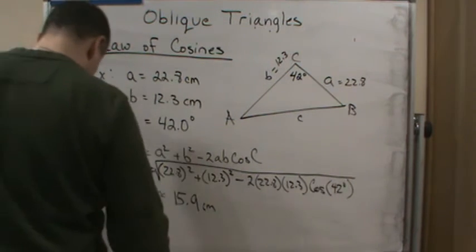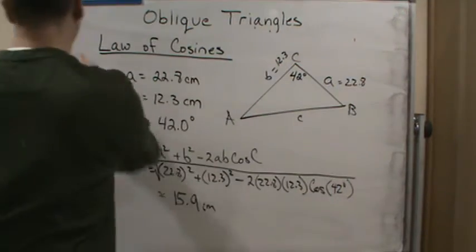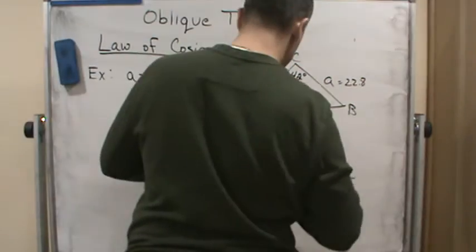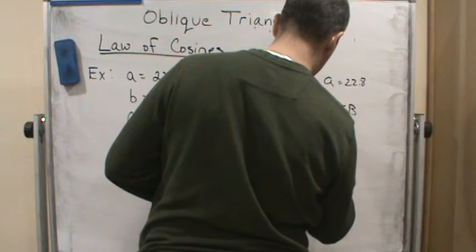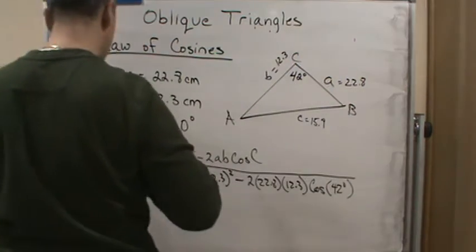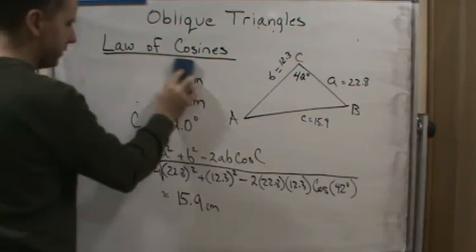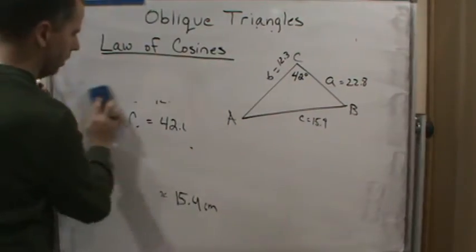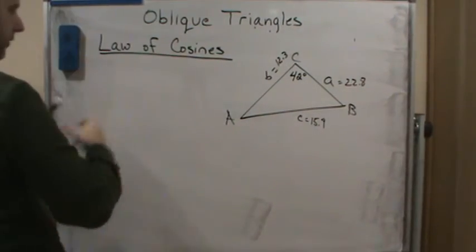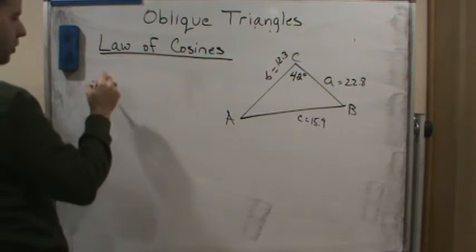So we got C. So C is equal to 15.9 centimeters. Okay, so let's erase this. I already got my triangle filled out, so let's go on.